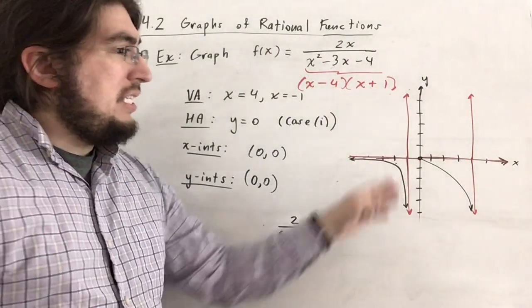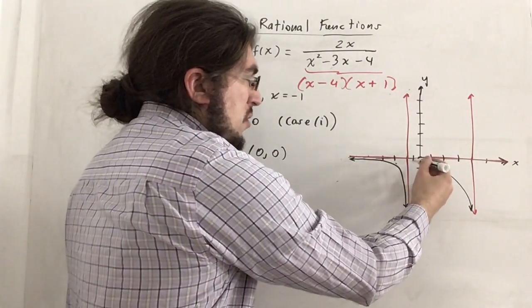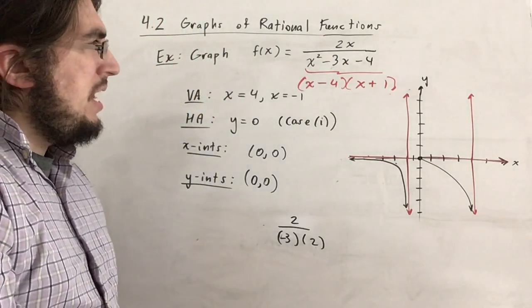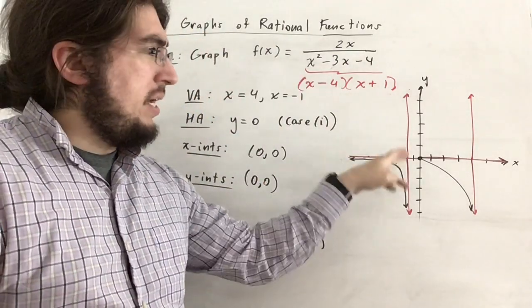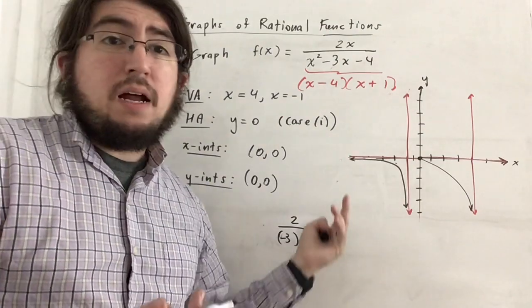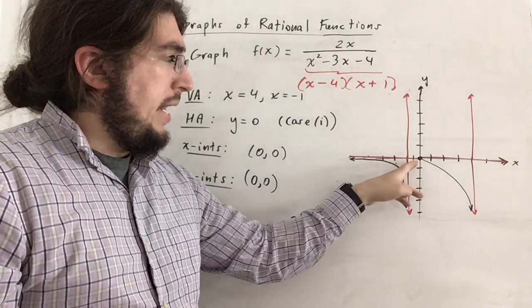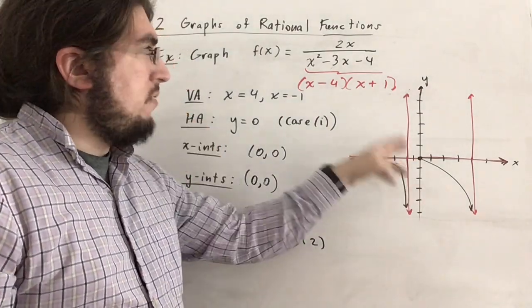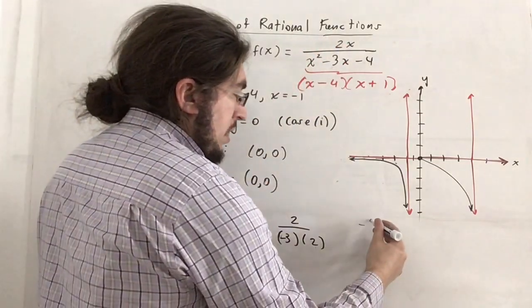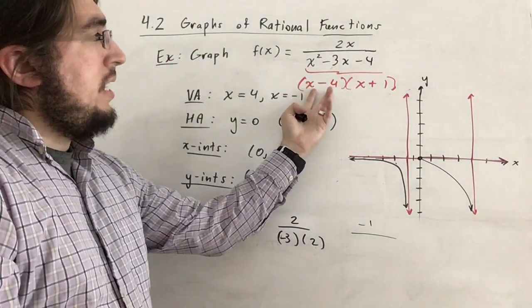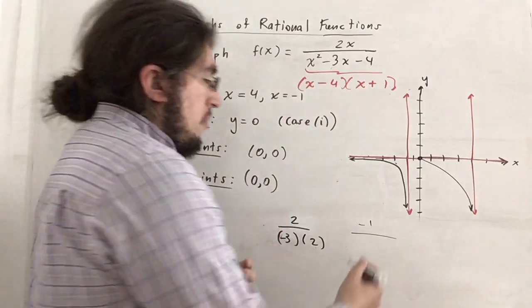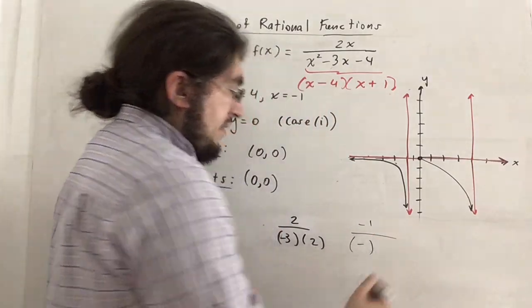All right, what about on this side? We could plug in negative 1/2 if you wanted. And I'm just going to see if it's positive or negative, because that'll dictate if it's below or above. It's not obvious, right? So let's just plug in a negative, shall we? Negative 1/2. Negative 1/2 on top is going to be negative 1 over negative 1/2 minus 4 is going to be negative, so it's a negative number.